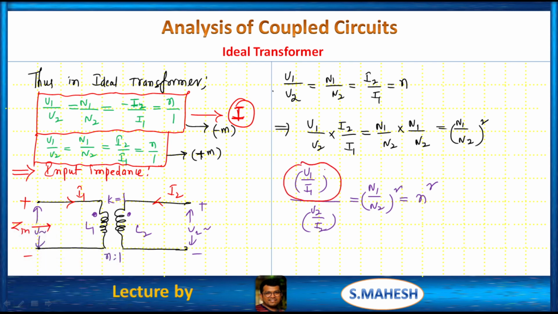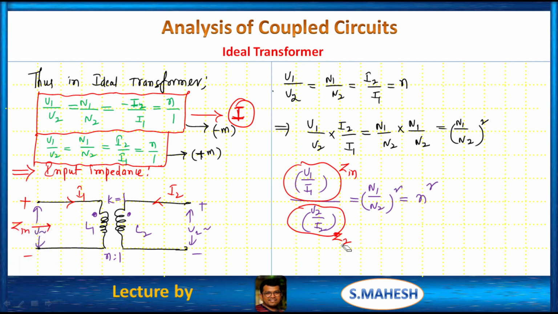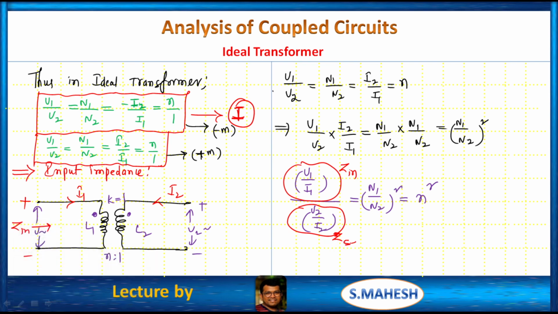This is what? Z. This is what? Across secondary, right? That is Z2 or secondary. Secondary, right? Therefore, we can write input impedance is equals to N square into secondary impedance.